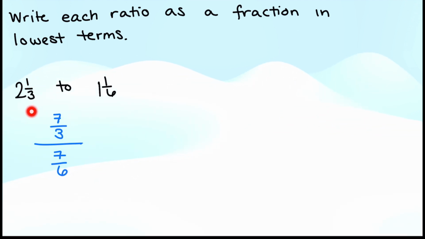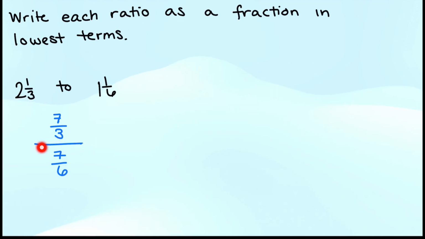So 2 1/3 turns into 7/3. And then 1 times 6 is 6, plus 1 is 7. So 1 1/6 turns into 7/6. So my ratio is 7/3 to 7/6.